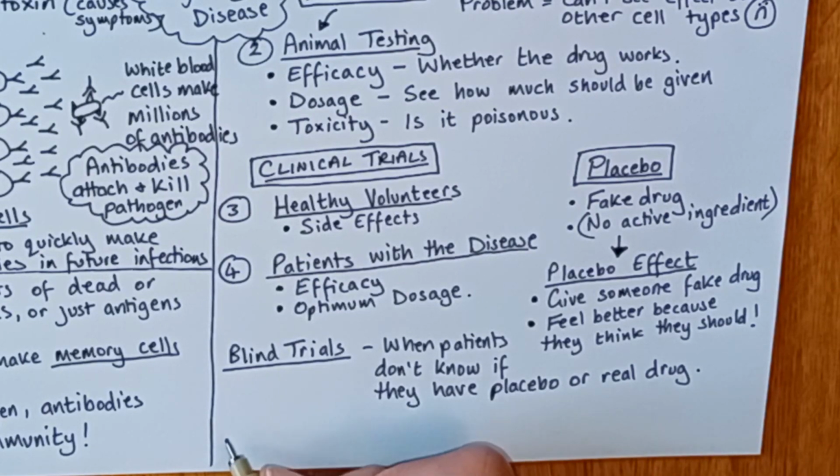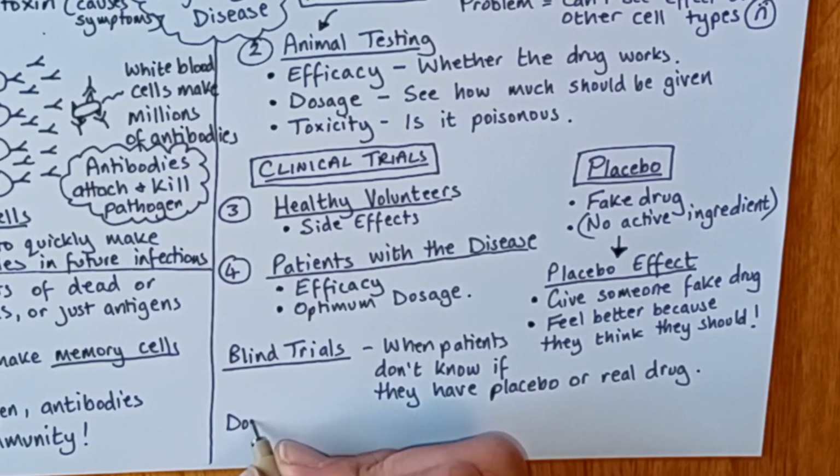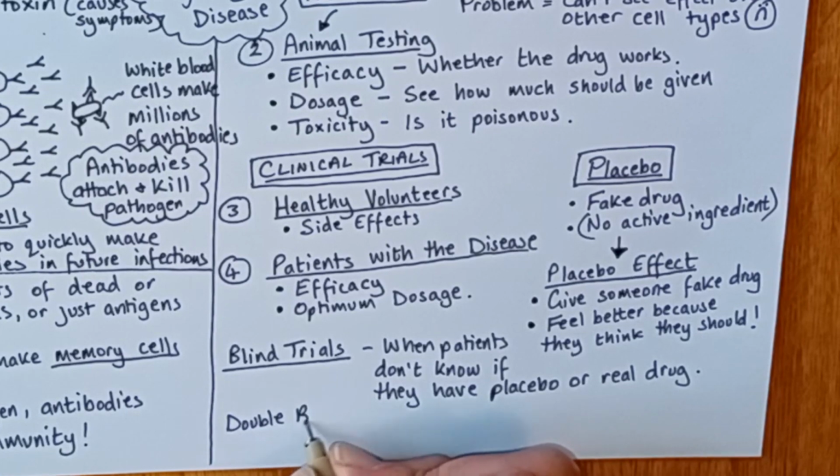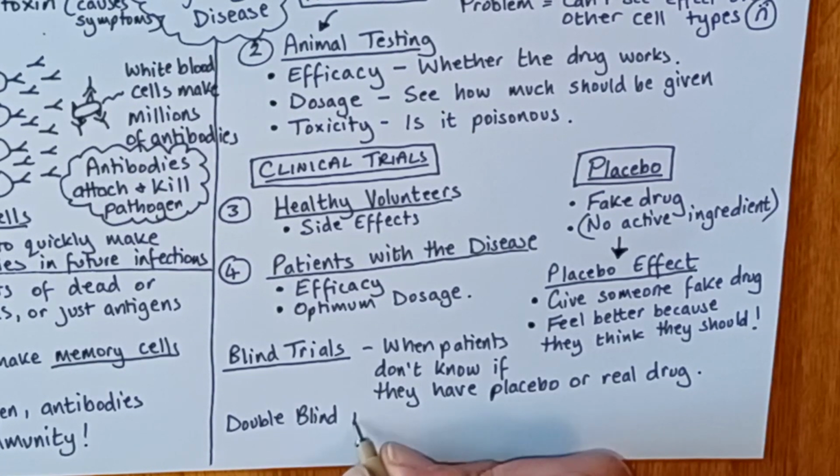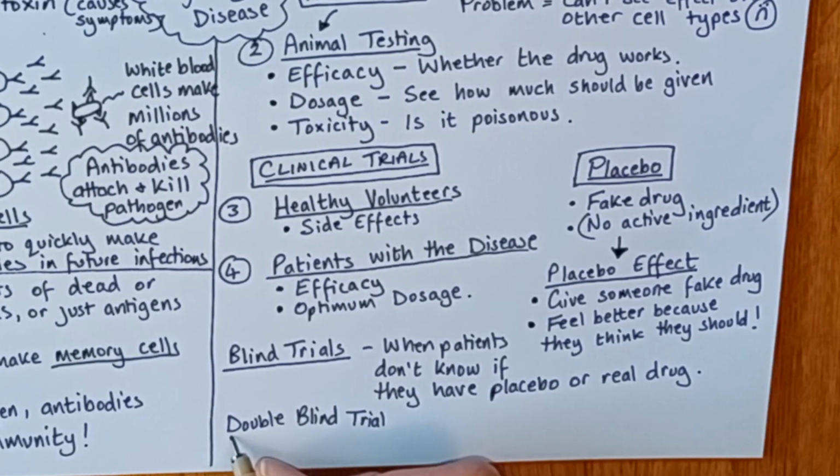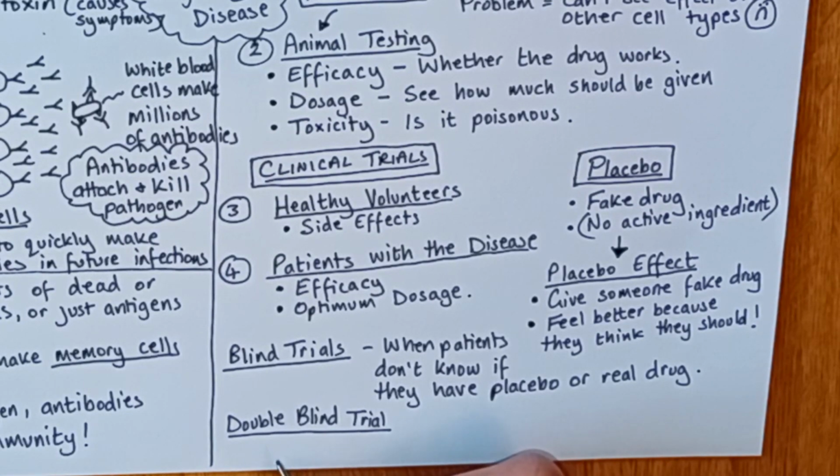And another test they can do is called a double-blind trial, which is when the patient doesn't know, but equally important, the medical staff that are doing the trial don't know either.